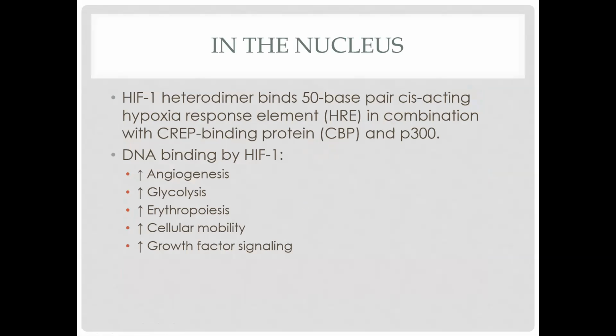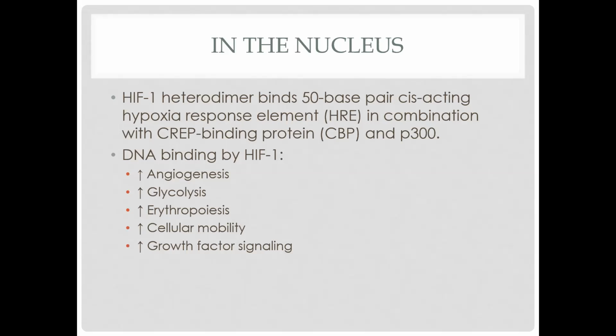Now, what kind of genes are upregulated by HIF-1? HIF-1 binds a 50 base pair cis-acting hypoxia response element, an HRE, and in combination with CBP and p300, it will increase the stability of RNA polymerase assembling on the promoter, and it activates the transcription of those genes.